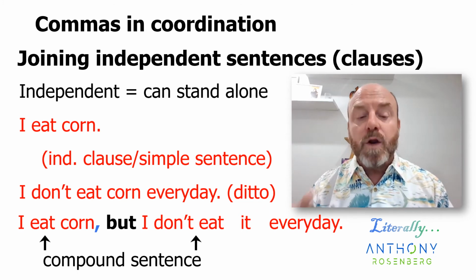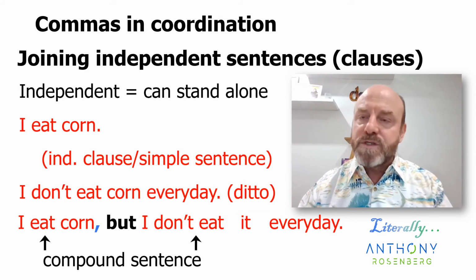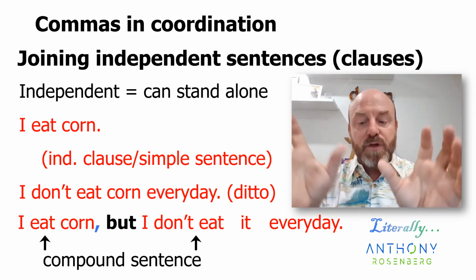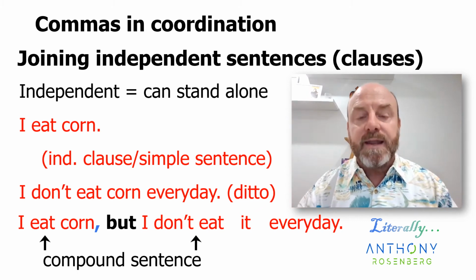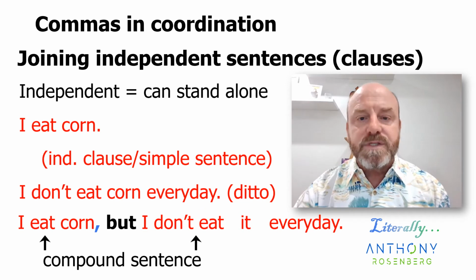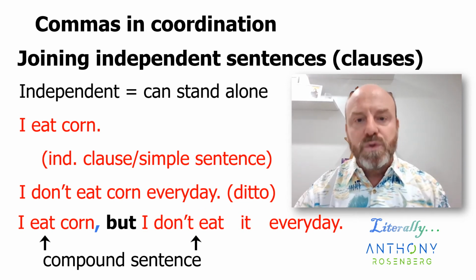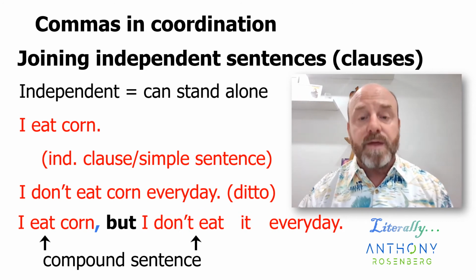But remember, a compound sentence must have things of equal grammatical value. So we have an independent clause and an independent clause. We have two of them and they're joined by a coordinating conjunction to create a compound sentence. Simple sentence, one clause. Compound sentence, two clauses, but they must be equal. They must be independent. All right.